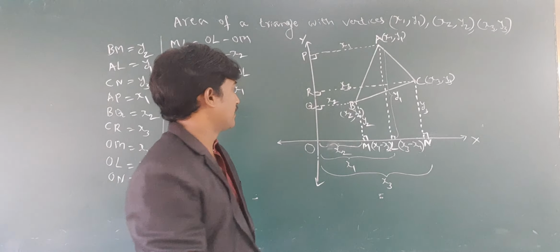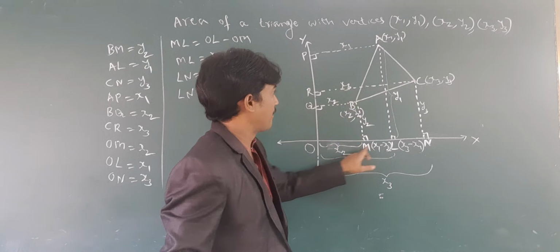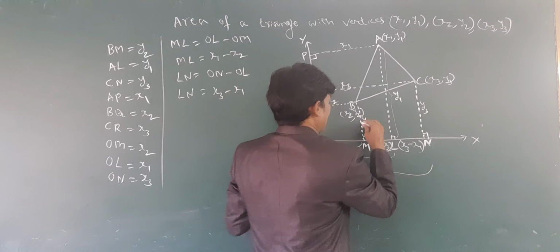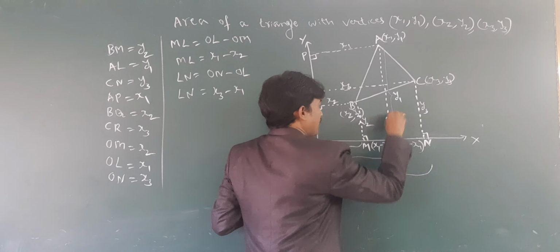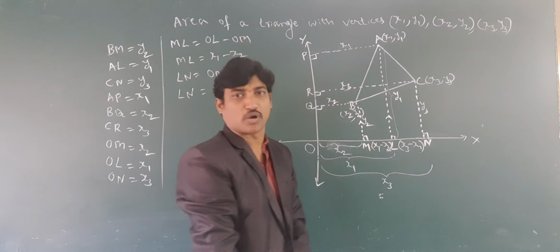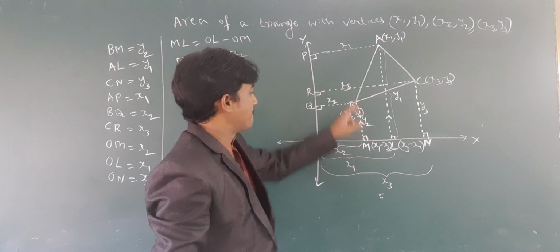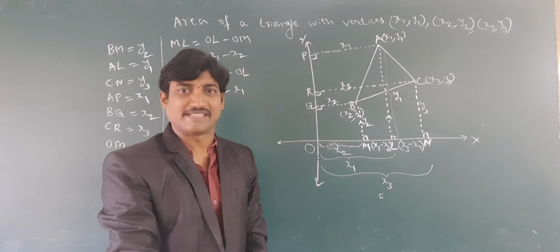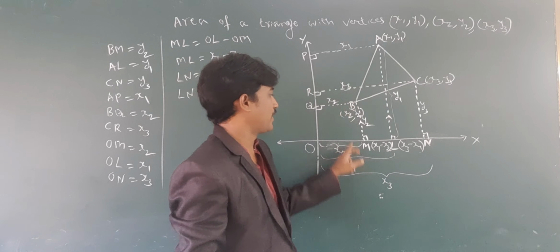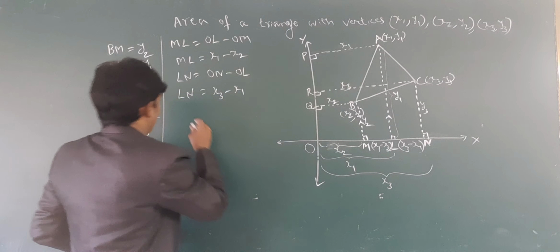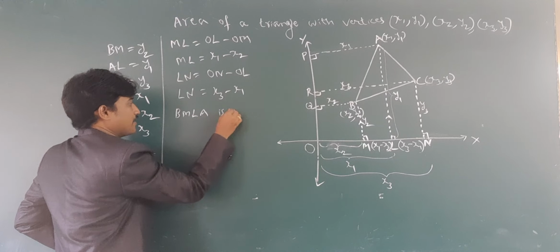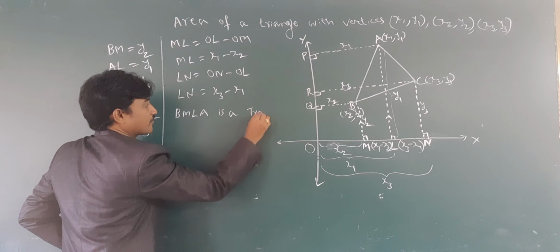In BMLA, BM and AL are parallel lines. One pair of opposite sides is parallel in this quadrilateral, so BMLA is a trapezium.